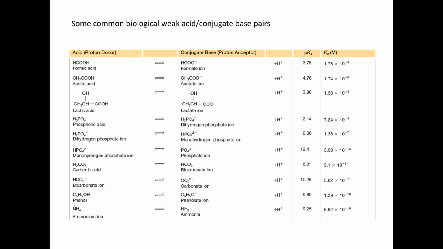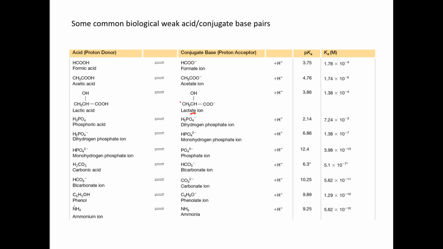Whereas usually you'll hear lactic acid being used colloquially, in biochemistry we almost always refer to it as lactate. The reason we do that is because when you put lactic acid into biological pH, it loses its proton predominantly, and therefore its predominant species in biological solutions is lactate.